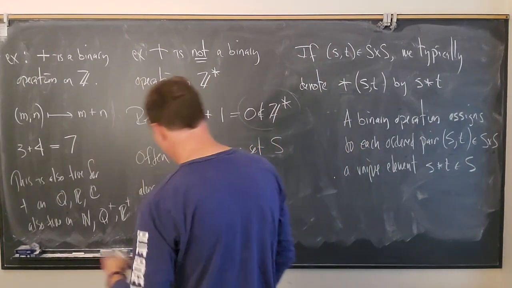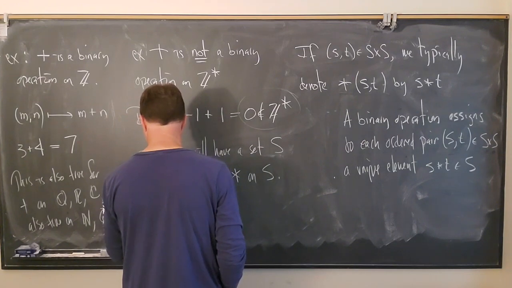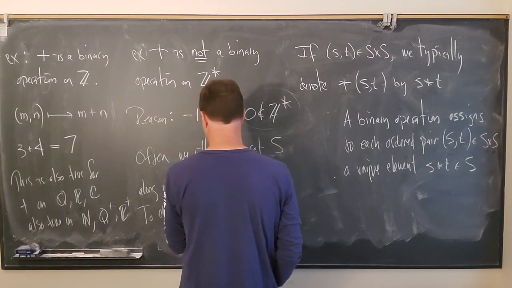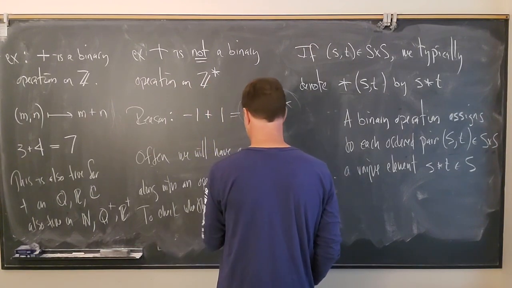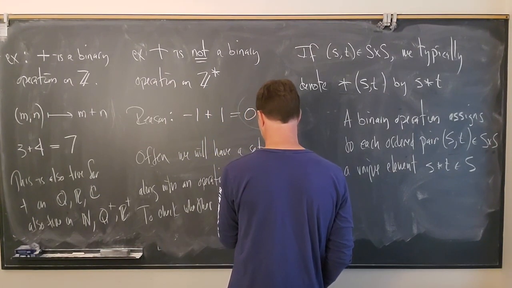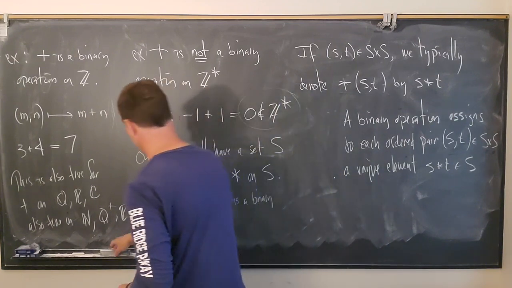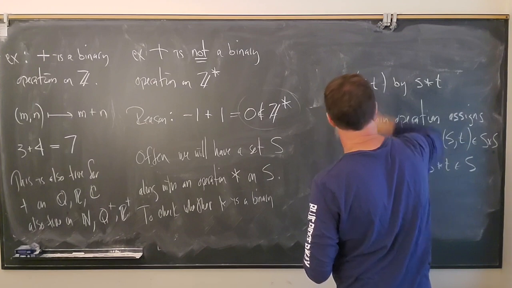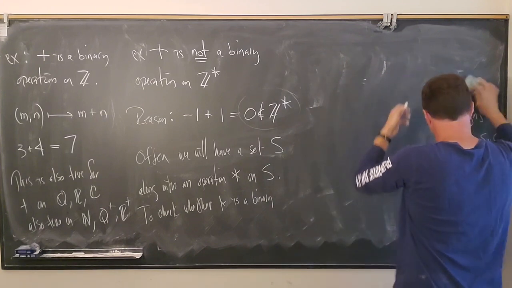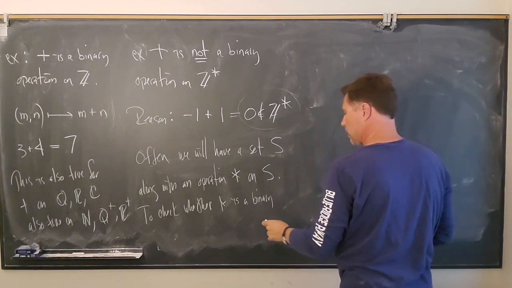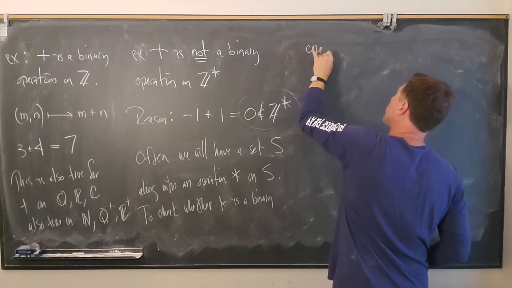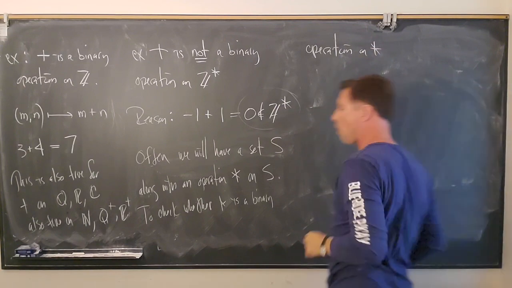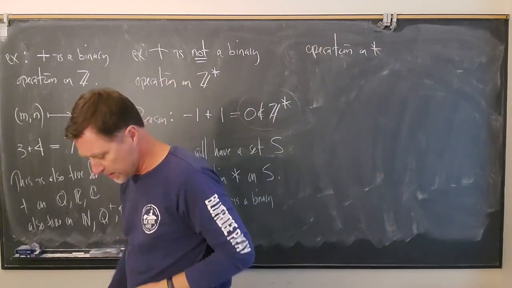Now, to check whether star is a binary operation on S, there are two things that we need to verify.